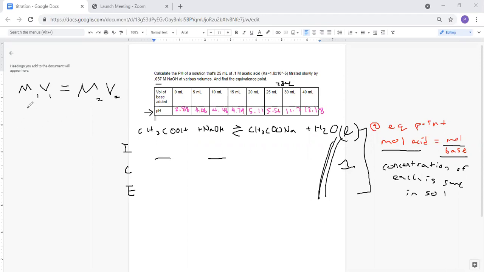We have 28 mL of base, and the molarity of it is 0.087. Then our new molarity, which we're looking for, is multiplied by the volume of 28 plus the volume of the acid it's being mixed with, which is 25. Let me just put it all in one straight line.